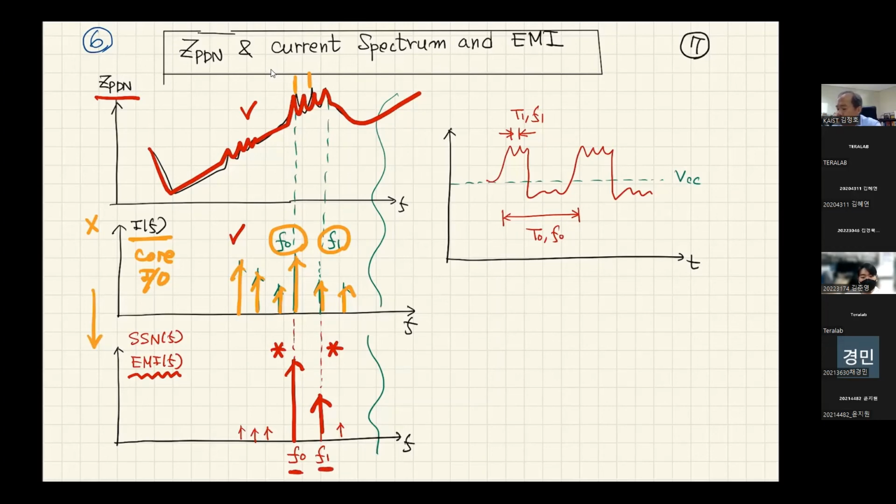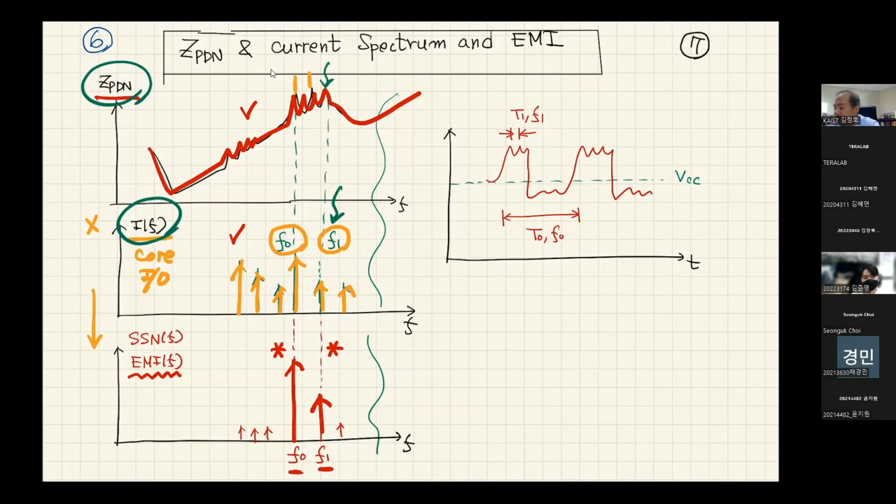So in order to avoid these high frequency EMI peaks, you have to redesign the PDN. There are two different ways. Number one is to redesign the PDN impedance by having different inductance and capacitance. The second approach is to redesign the current spectrum by changing the clock frequencies and so on. You have to avoid overlap of these high frequency resonance peaks and the current spectrum.